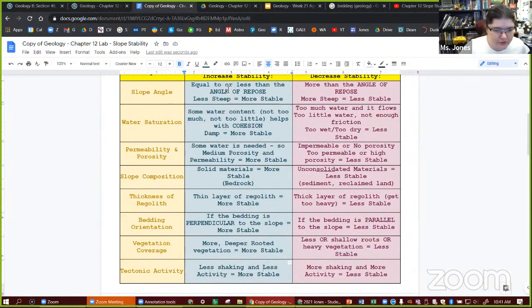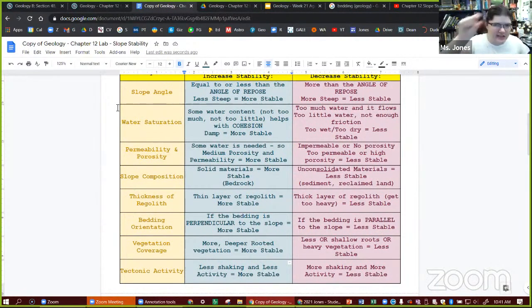All right, here in blue, I've got all of the things to make it more stable. A less steep angle, more stable. Just enough water saturation, more stable. Enough permeability and porosity for that water to be able to soak all the way through and stay, more stable. If the slope is mostly made out of solid bedrock, more stable.